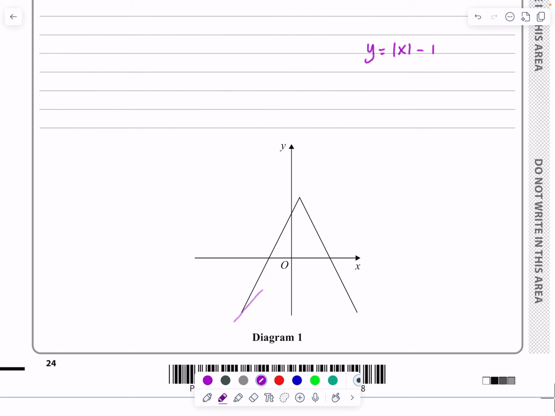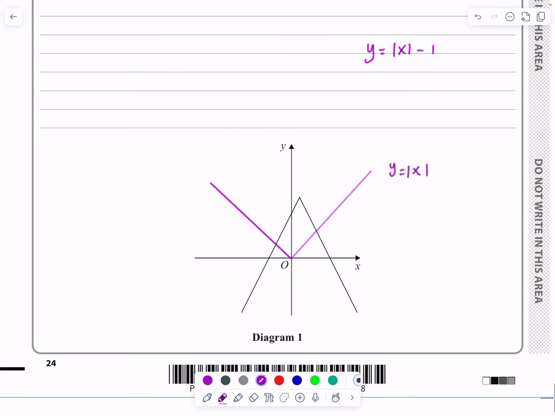So really slowly, we'd start off with y equals x first of all. Then we can turn that into y equals the modulus of x if we just get rid of this part down here.